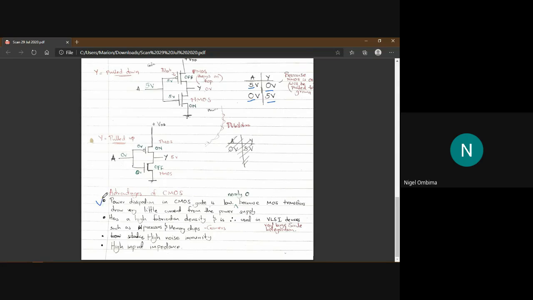Two, it has a high fabrication density and is therefore used in VLSI devices. VLSI just means very large scale integration, such as microprocessors and memory chips. And then the fourth one, it has a high noise immunity.